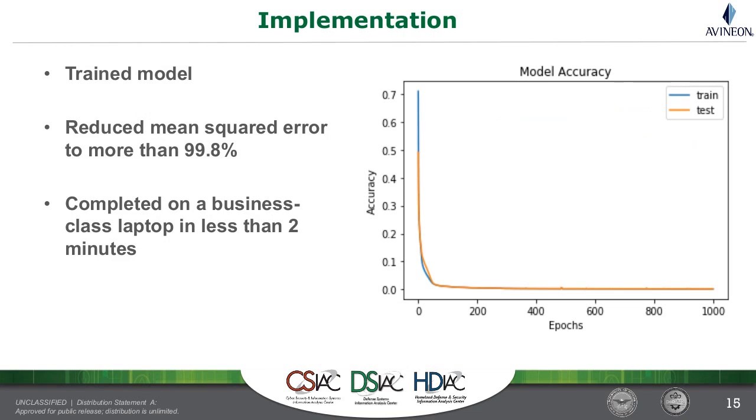Here it's trying to model normal system performance, and you can see it's able to do that quite quickly and very effectively. It reduces the mean squared error of what the output is versus what the input is to a very low amount. So we were very satisfied with the initial result of this.